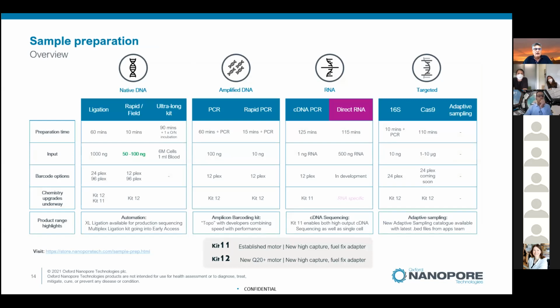Touching on the sample preparation kits, Mike might be going into this in a little more detail, but there's one point I just want to make here: our rapid and field kit is currently nearing the end of a new round of development, and we will be releasing a new version in coming months.